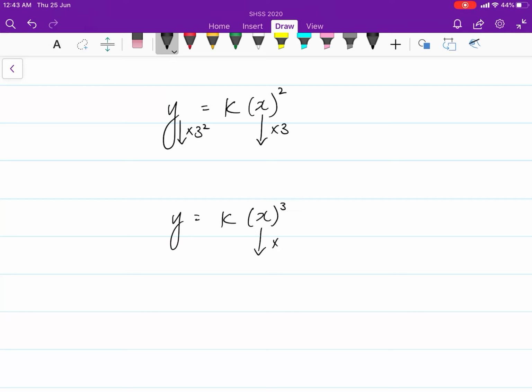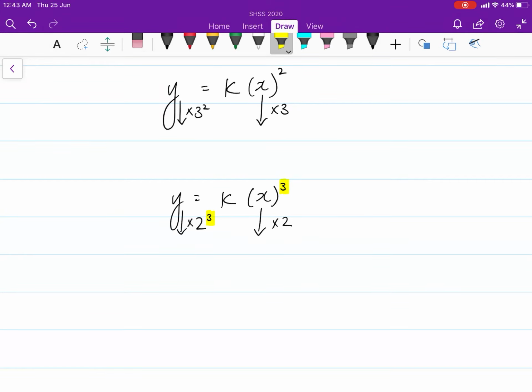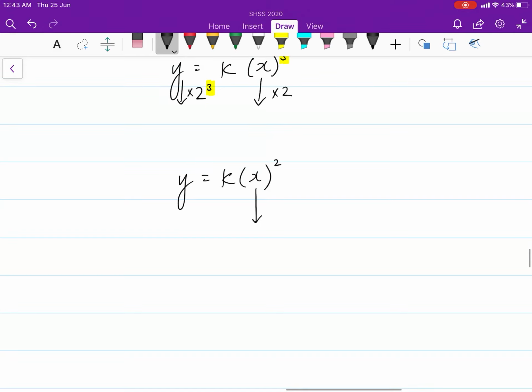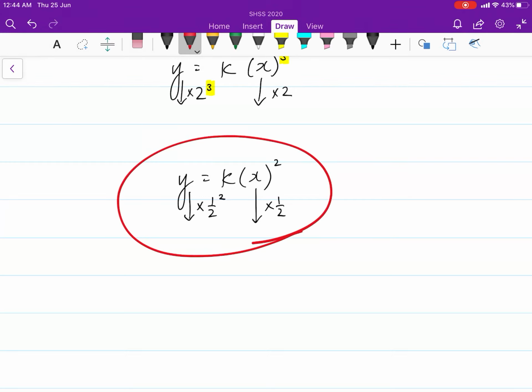If my x increased by 2 times, my y would increase by 2 cubed. Where the cubes come from? Here. So this is a very intricate scale. It works for fractions as well. So if I have y equals kx squared and my x is halved, my y would not be halved but be half squared, would be a quarter of it. So this is the concept that you need to know for this question.